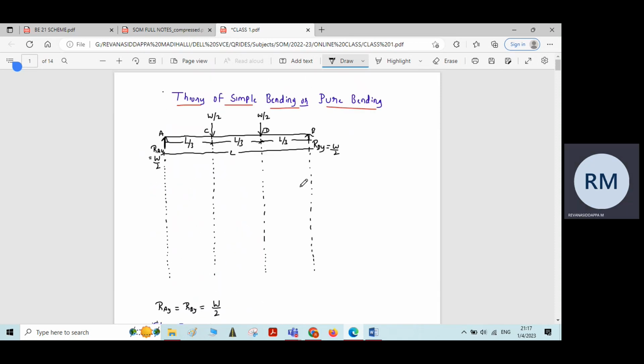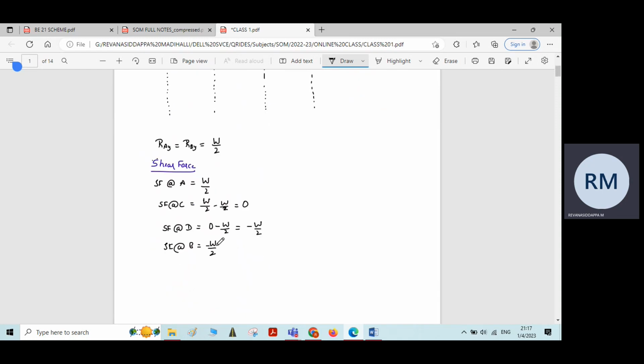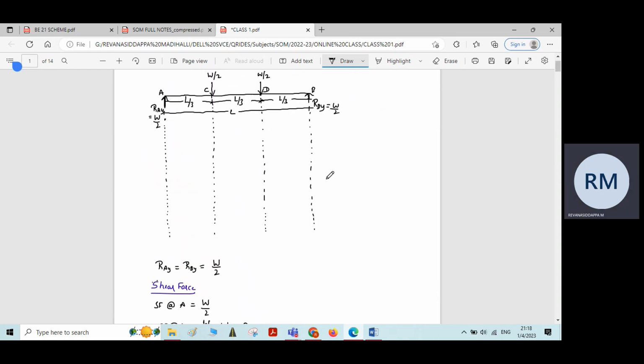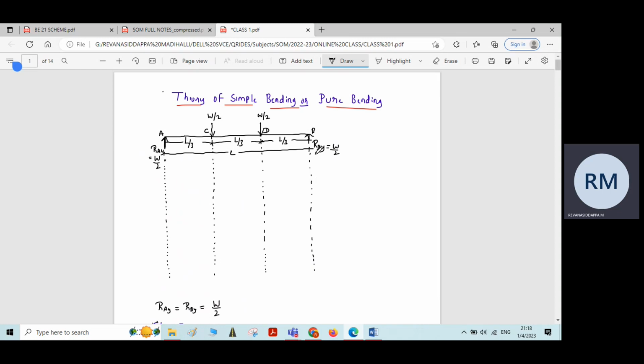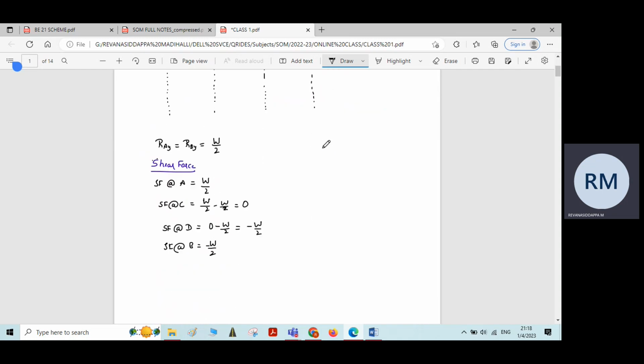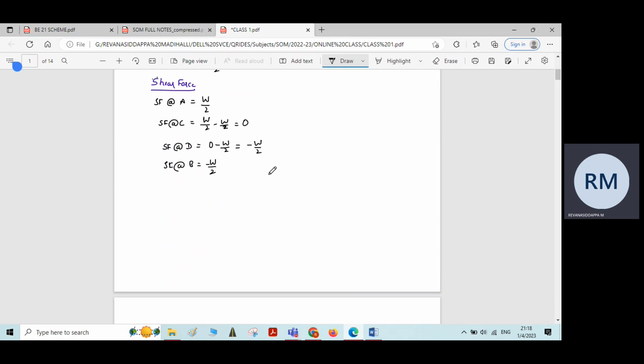So at the last point, I will take the shear force with the negative sign, because the right portion of the beam is tending to cause upward motion of the beam. That is why as per the sign convention of the shear force, negative sign will come at the last point of the beam.